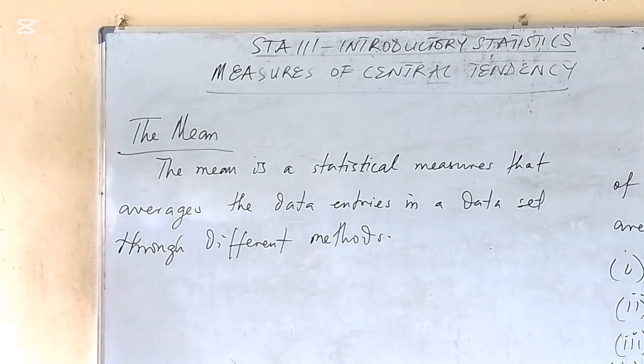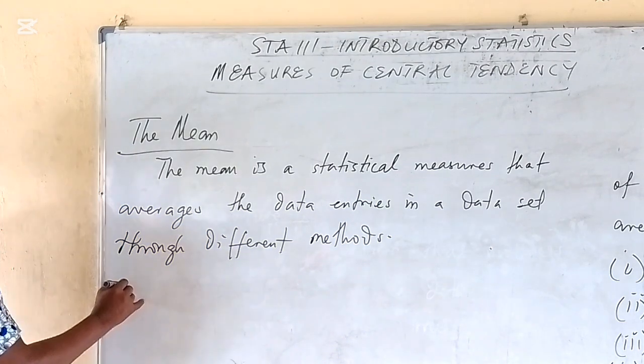So what we call the mean is a statistical measure of central tendency that averages the data entries in a data set through different methods. And because of the different methods of doing that averaging, we now have types of means.